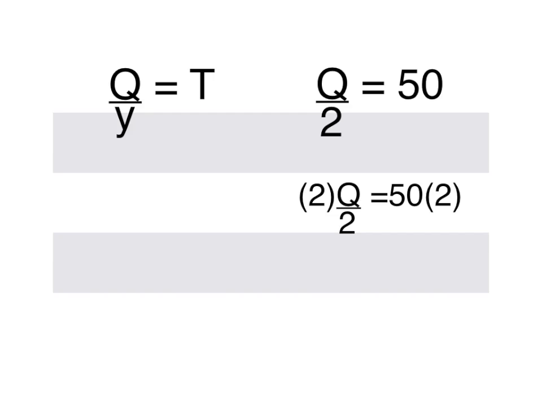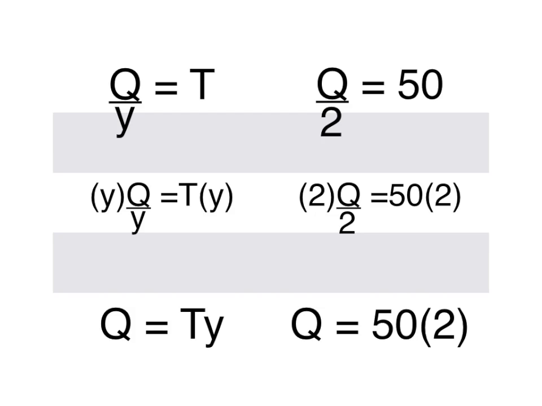Remember, divide by 2 is undone by multiplying by 2. So we do the same kind of thing. We multiply by y. The divide by y is undone by multiplying by y. And what do we get? Q is ty. Just like q is 50 times 2. You put the t in place of the 50 and the y in place of the 2, and you'd have ty.